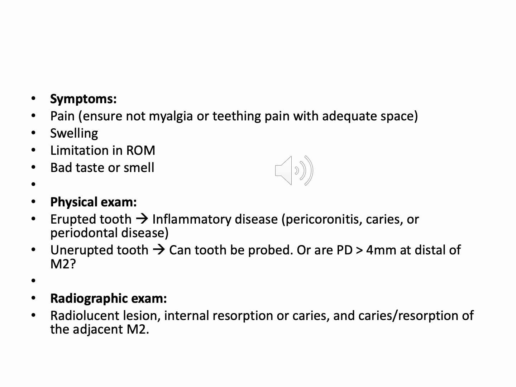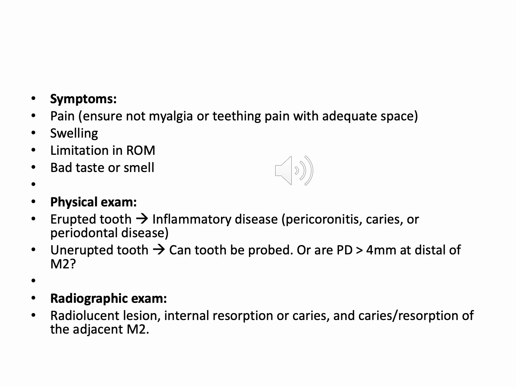Disease, we use that term as an umbrella term to capture your dental caries, your pericoronitis, radiolucent lesions, internal resorption, or probing depths, deep probing depths on the distal aspect of the 7.